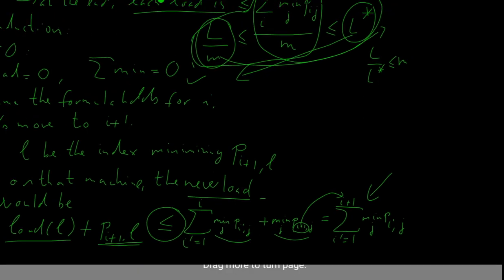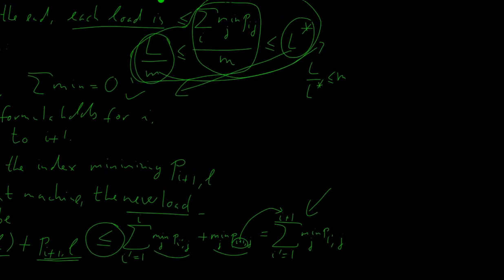expression. Now the list algorithm chooses the minimum of these sums, which means that the machine onto which the list algorithm assigns this job will have a new load which will be at most this expression.